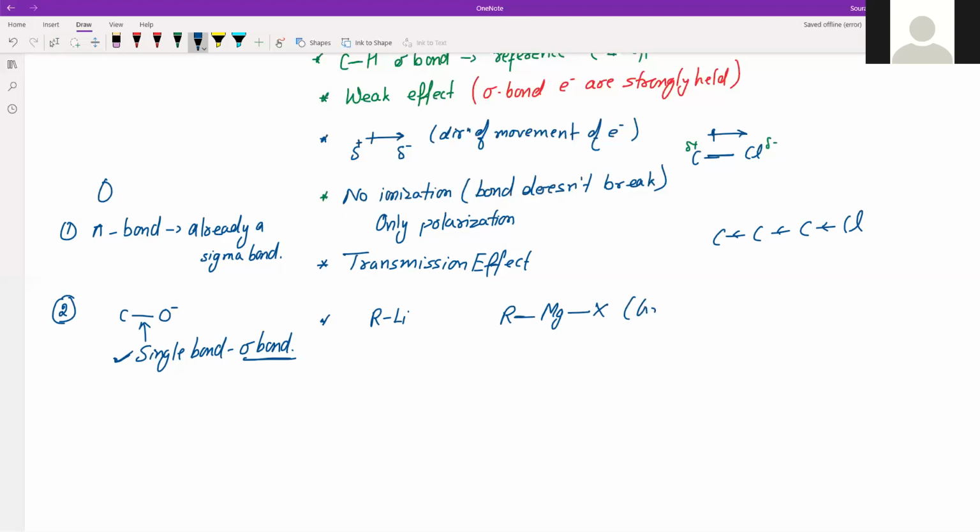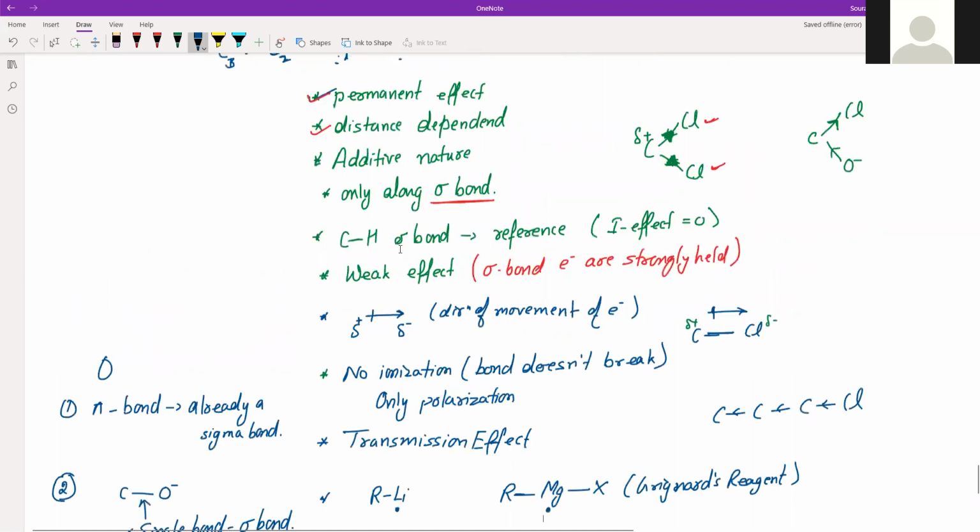This is called Grignard's reagent. We'll study this reagent later. So this is an organometallic compound, because here lithium is a metal and here Mg is a metal. Carbon is bonded to the less electronegative metal. Metals are less electronegative as compared to carbon.